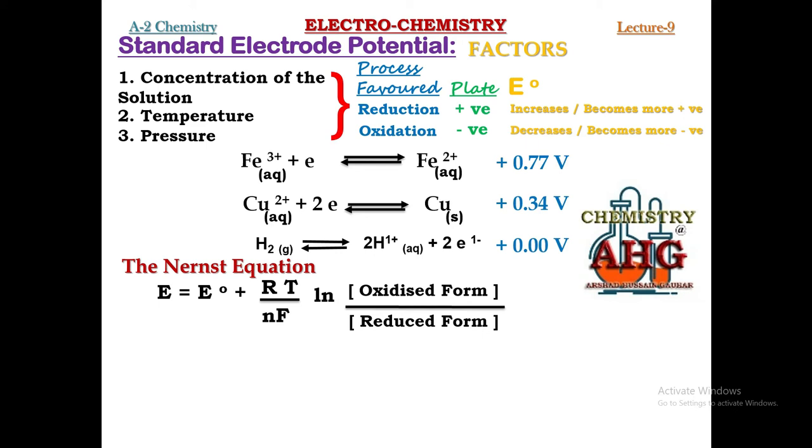For example, in the second example, the half cell of copper, the concentration of the oxidized form would be equal to the concentration of Cu2 plus, but the concentration of the reduced form, which is Cu solid, will be 1 in this case, because copper, the reduced form, is a solid. So wherever you see a solid, liquid, or gas, the concentration is taken equal to 1.